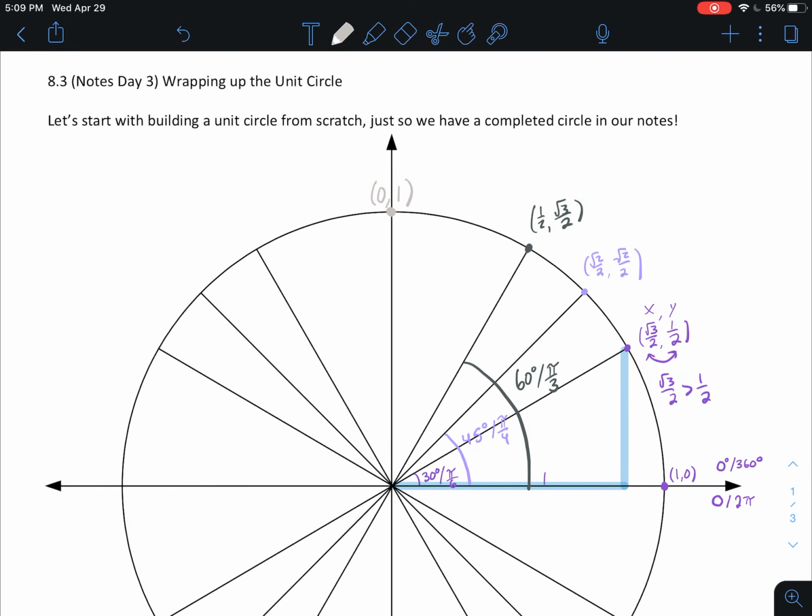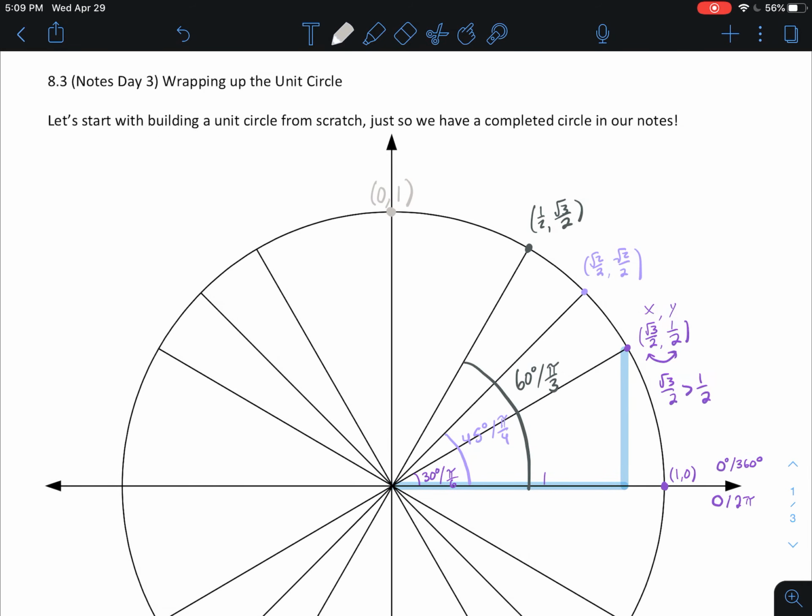I apologize. 2 pi over 3. The point that we have right here is going to match our other 60-degree angle. So it's 1/2, radical 3 over 2. But what's special about the 1/2 is now it's negative 1/2 because we are to the left of our y-axis. So now we're in negative x directions.